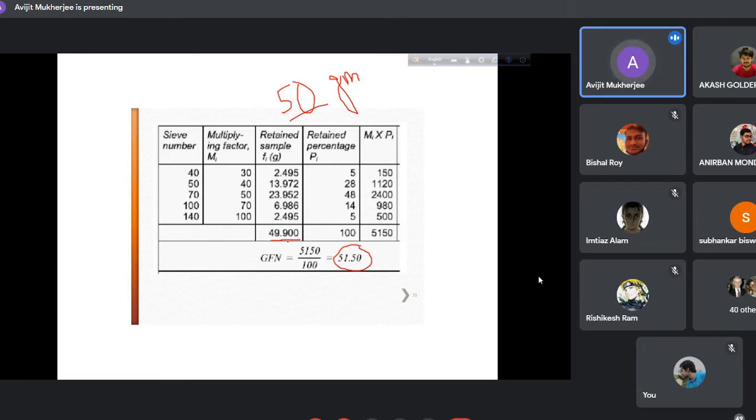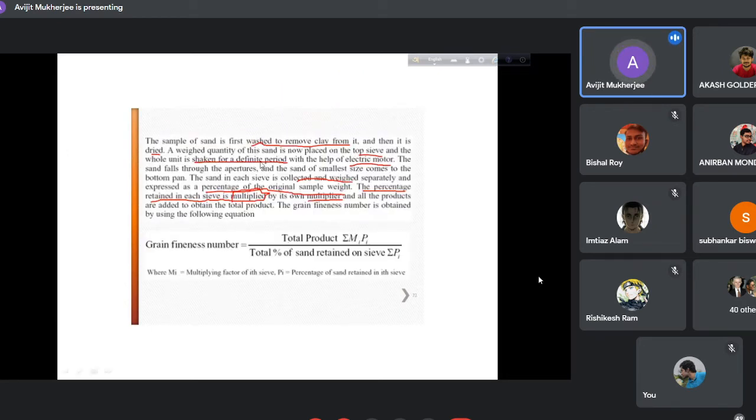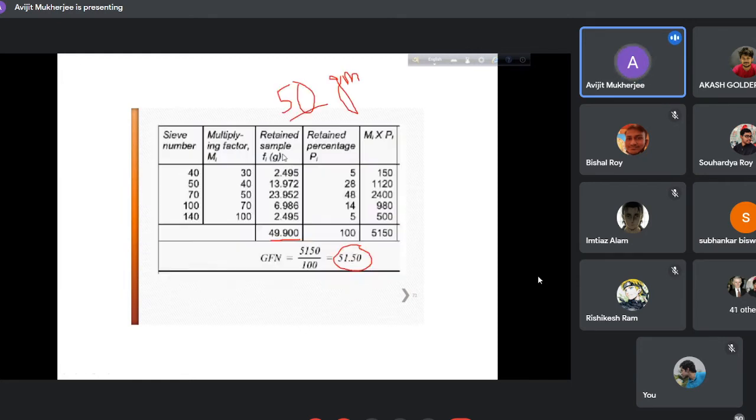Where is the other 0.1? You should observe very carefully what I told you: the sample is washed to remove clay and also dried. So during washing and drying, this 0.1% has been lost, due to the presence of clay and moisture content. So this is the dry sample. That's why this is 49.9.